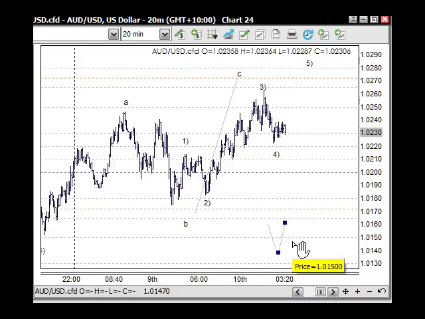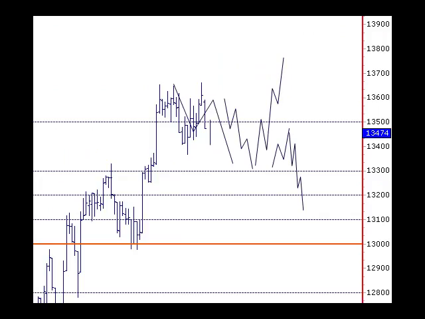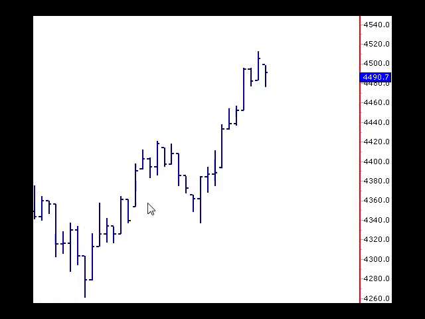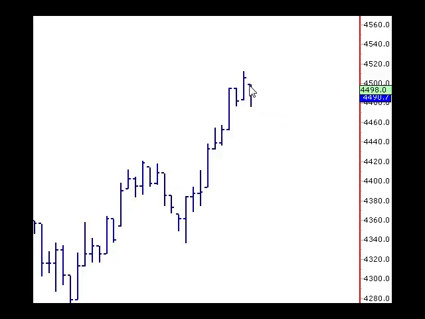But we know that there's selling pressure now on the cash market, the XJO ASX 200 at the 4,500, because we did see it being sold off there. If we look at the XJO, we can see that at the 4,500 there's selling there, but there's also buying there as well.